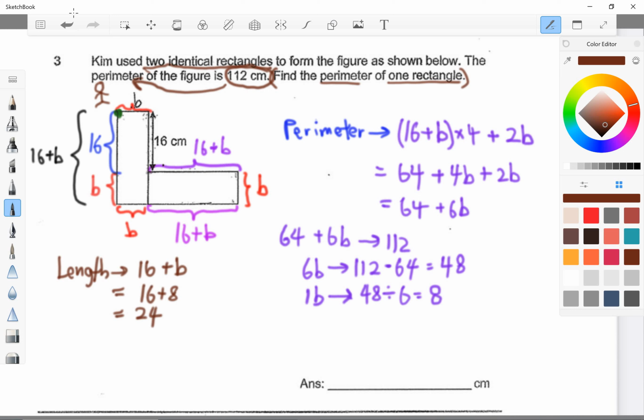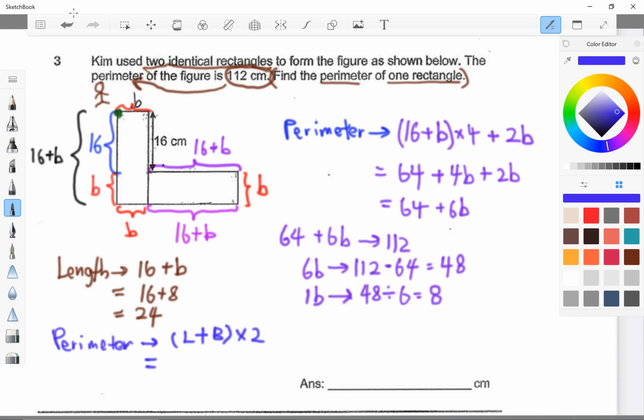So now, to find the perimeter, I can actually make use of a formula. There's a nifty formula that I like to use all the time. Perimeter is actually the length adding up the breadth of a rectangle, multiplying that by 2. This is one of the formulas.